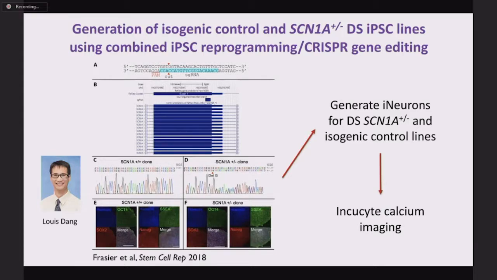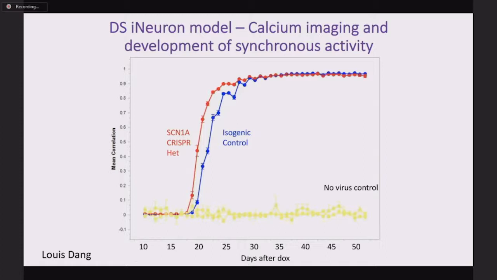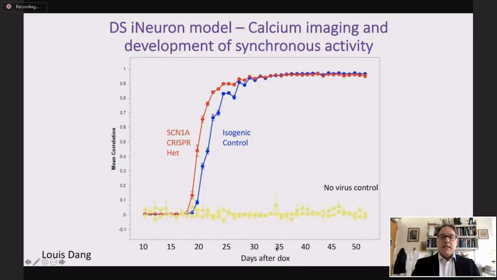I'm not going to show you the fluorescence, but we quantified the activity over time, and this is days after doxycycline, and by 30 days, the neurons have matured in both groups, and over 90% have correlated activity or synchronous discharging. But you can see that the Dravet syndrome model line becomes synchronous sooner than the isogenic control, suggesting the activity is occurring earlier in development in this line.